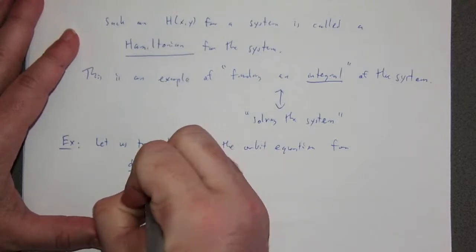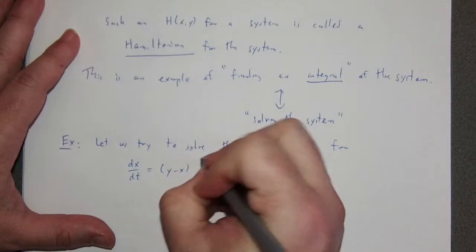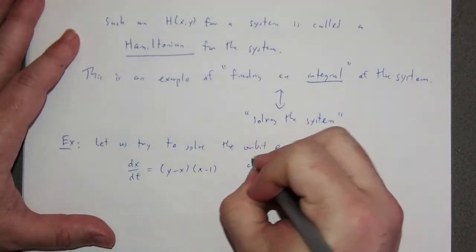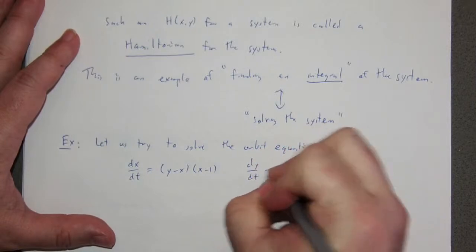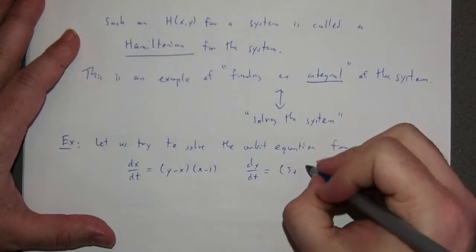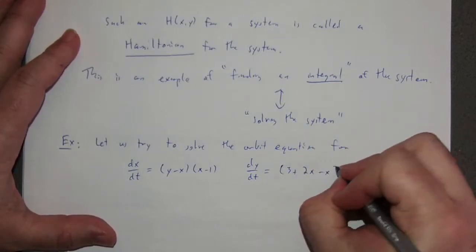We found the stationary solutions of it anyway. dx dt is y minus x times x minus 1, and dy dt is 3 plus 2x minus x squared times y.